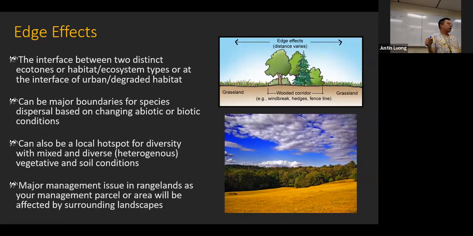And that's because the more edge you have, the more area you have for invasive species or species of concern to come in. So you can see the perimeter of this is, I don't really know, let's just say 4 meters. And then the perimeter of this is 2 meters. And so there's a lot more space for propagules to come in at the edges.